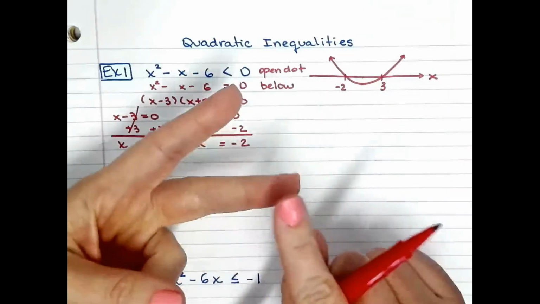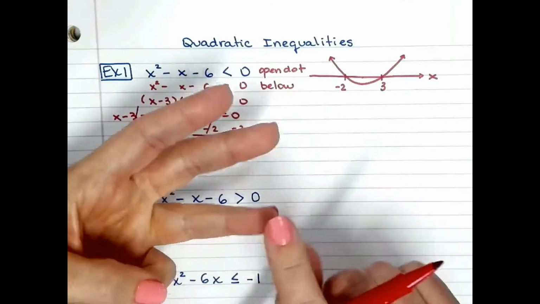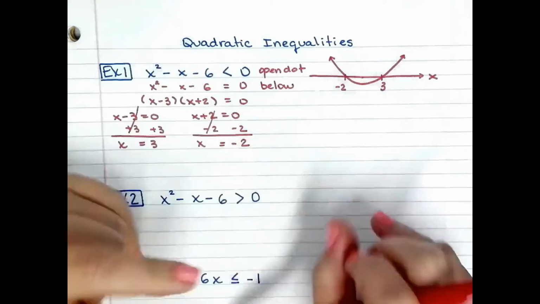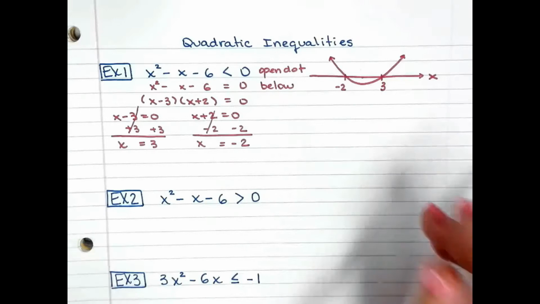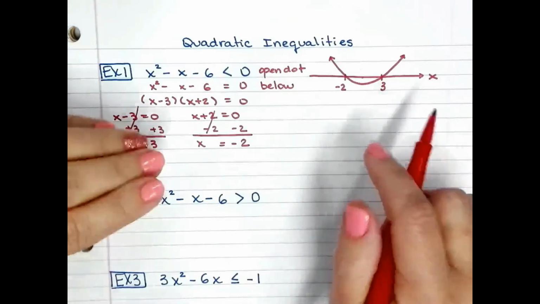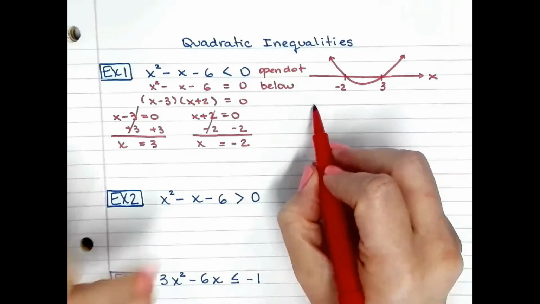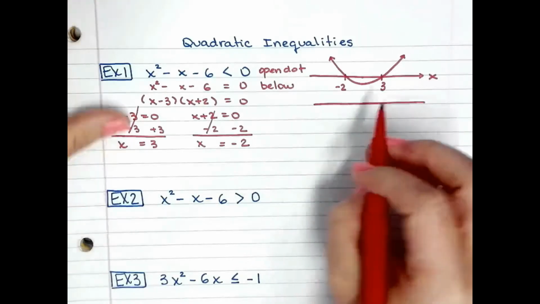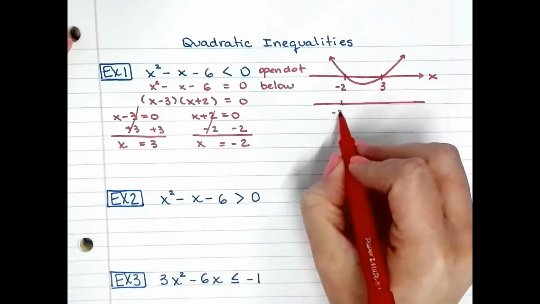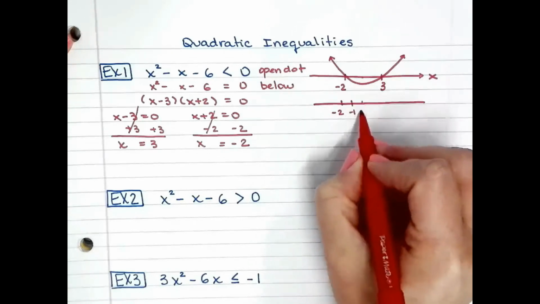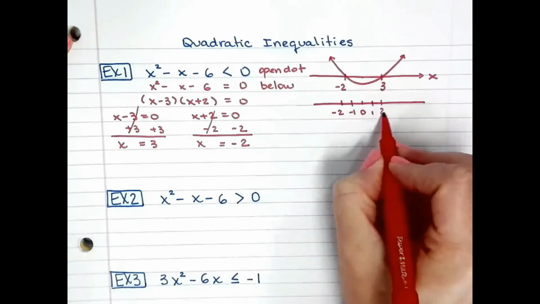Solving quadratics, writing inequalities, everything. Okay, but we are smart, we can do it. So here we have, remember the number line? So this is my number line. I have -2, -1, 0, 1, 2, 3.